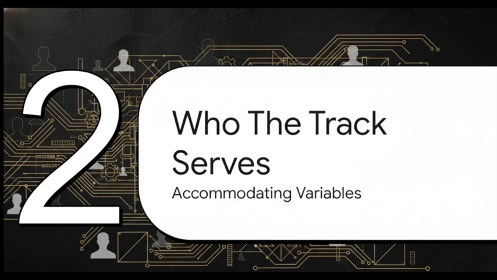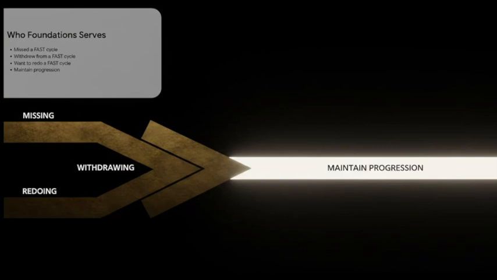Which brings us right into Section 2, who the track serves and how it accommodates real-world variables. Let's look at the specific individuals this track is explicitly built to support. Because honestly, any system is really only as good as its ability to handle real-world variables. So who does this actually serve? Well, maybe you completely missed a FAST cycle because of some unexpected scheduling conflict.